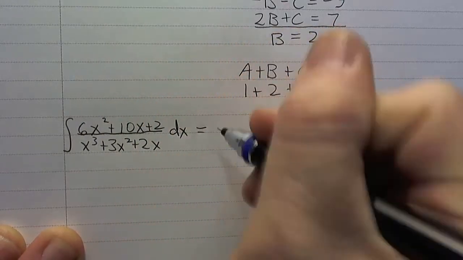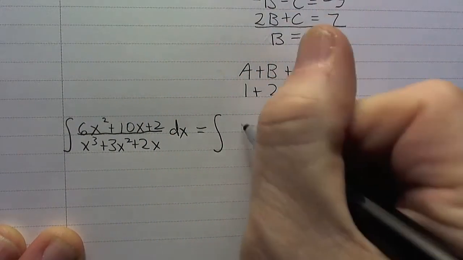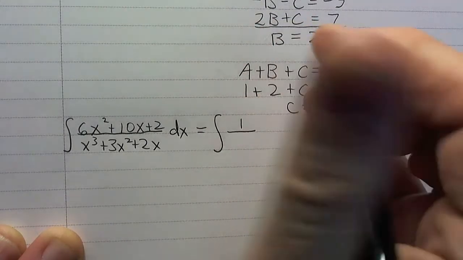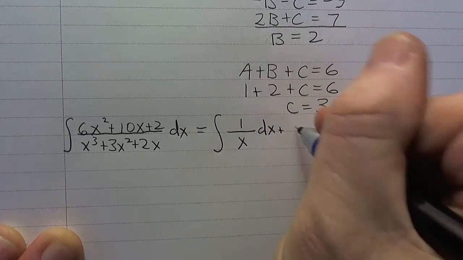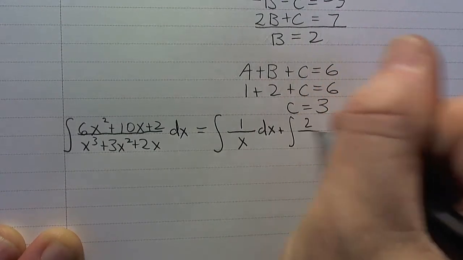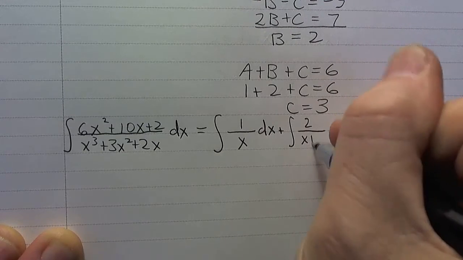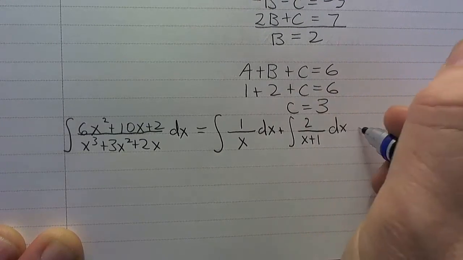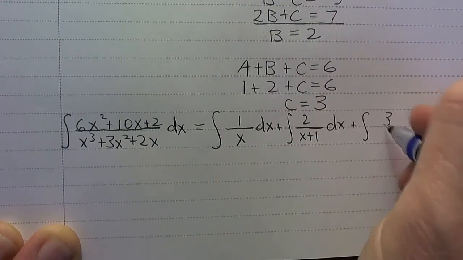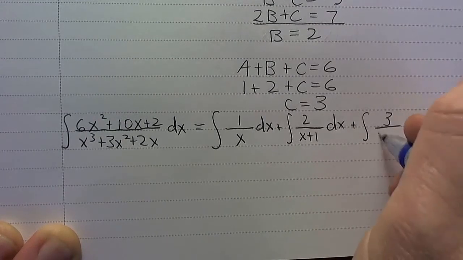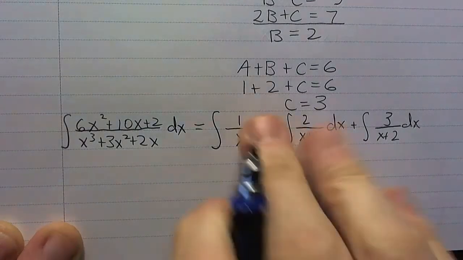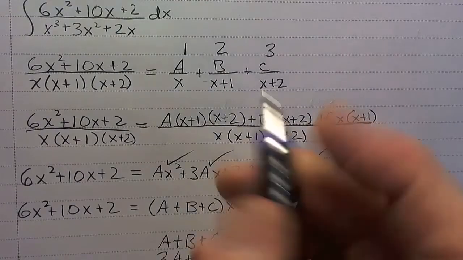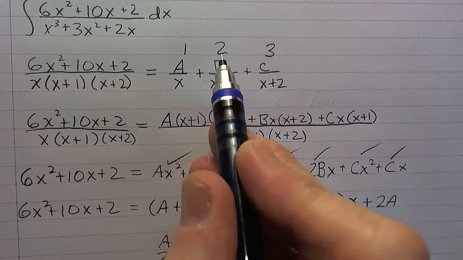Now, we know that that can be written as 1 over x plus 2 over x plus 1 plus 3 over x plus 2. See? Because notice that's what we had up here: A over x plus B over x plus 1 plus C over x plus 2.